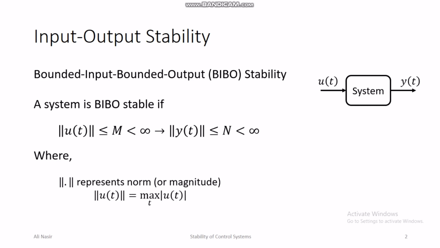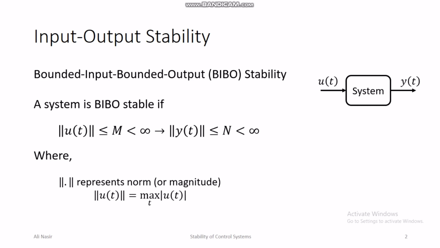The norm is basically magnitude. For scalars, it is like the absolute value, and for signals of time, one way of calculating the norm of u of t would be to find the maximum over all t of the absolute value of u of t.